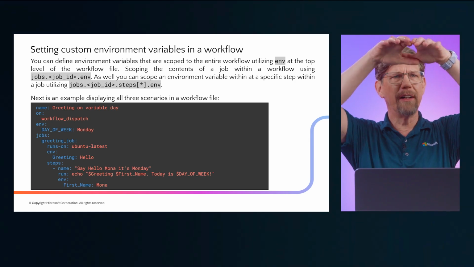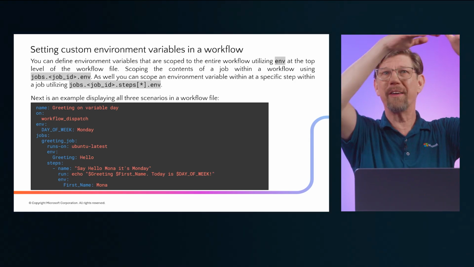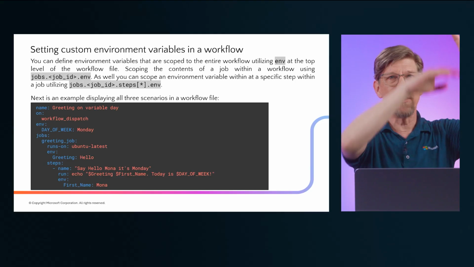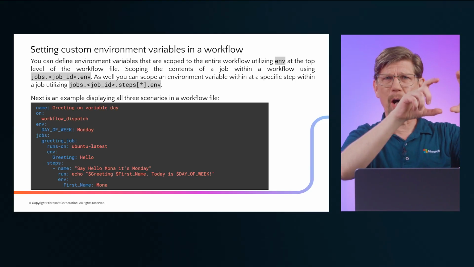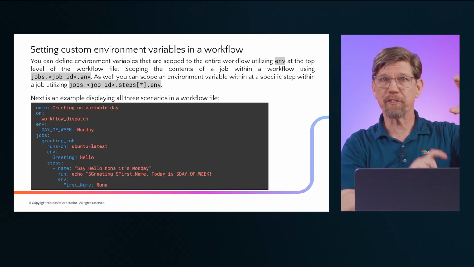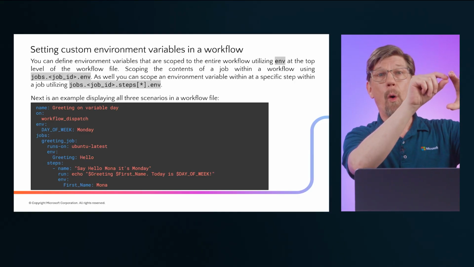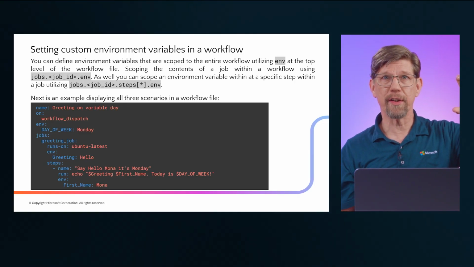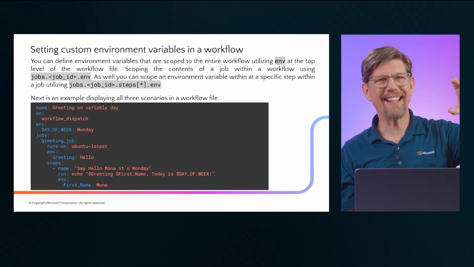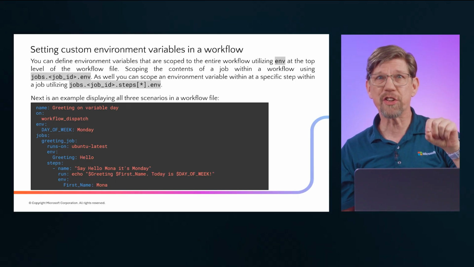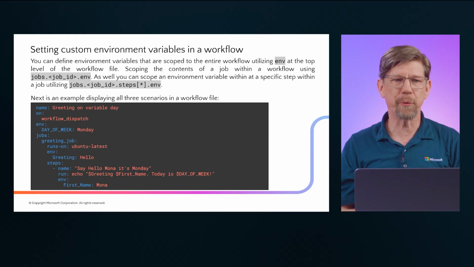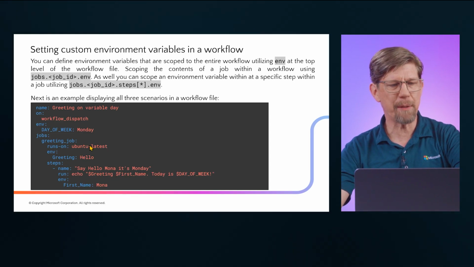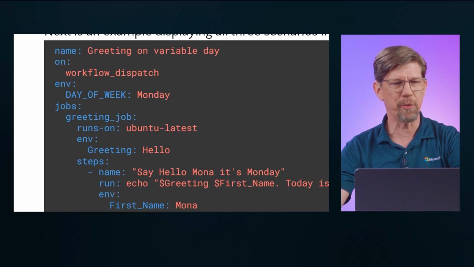So again, the umbrella for the entire workflow, that means every action that's going to run is going to see that. At the job level, a single workflow may have several jobs. And so all of the actions in that job will see it. Or you may be setting it distinctly and individually for an individual action. And so in this example, you see a little of each of those.